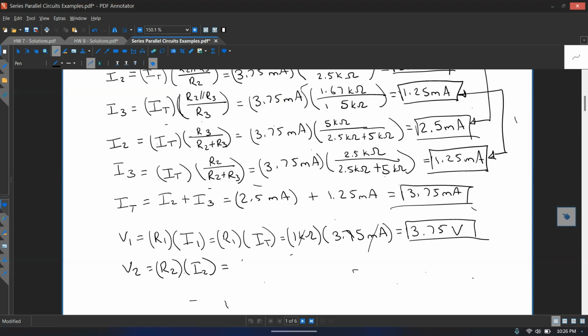R2 is going to be your 5 kilo ohms times I2, which is 2.5 milliamps. So to get here is 12.5 volts.